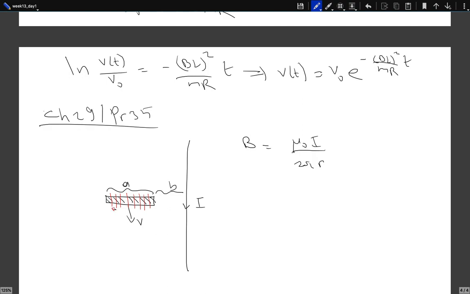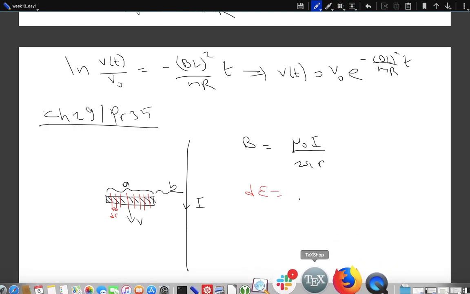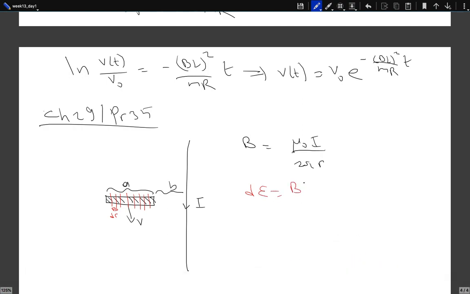Let's say they have a length dr. So the epsilon due to that very small segment will be B at that point times its length dr times its speed v.